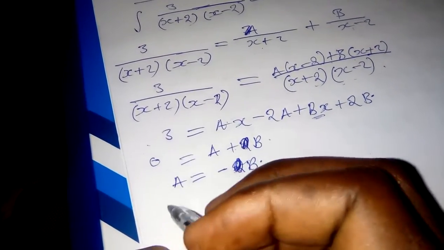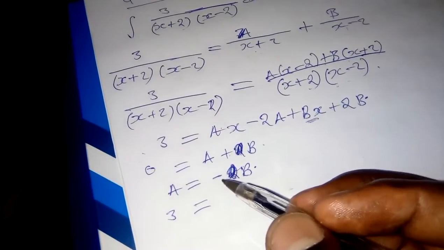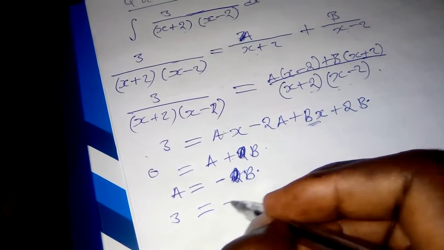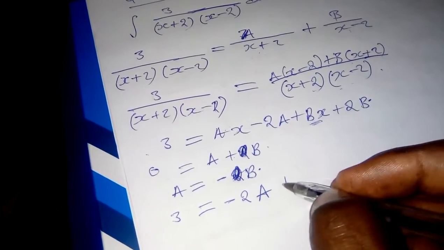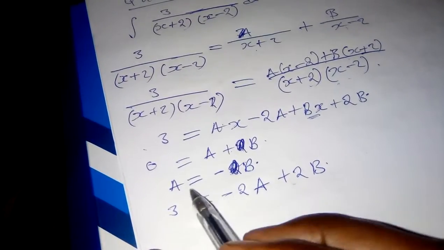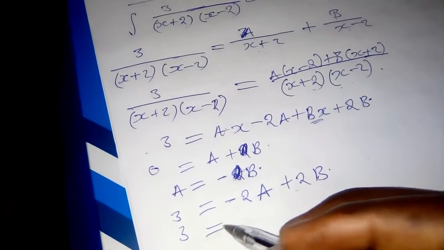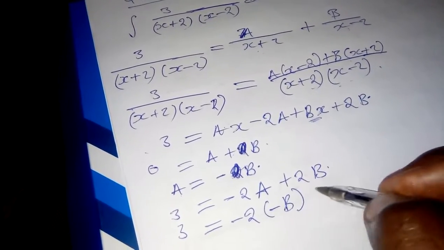So the constant there we have 3, and then on this other side our constants are negative 2a and then positive 2b. I know that where there's a, I can put negative b, so I'm going to have 3 equal to negative 2, then where there's a, I put negative b, then plus 2b.